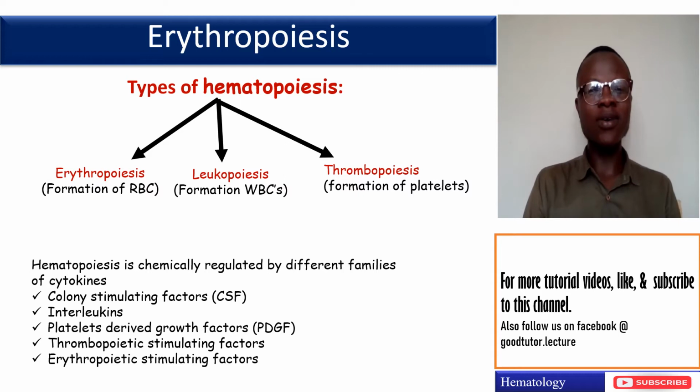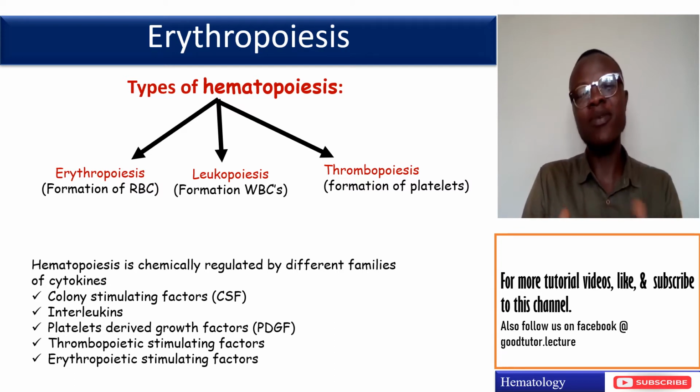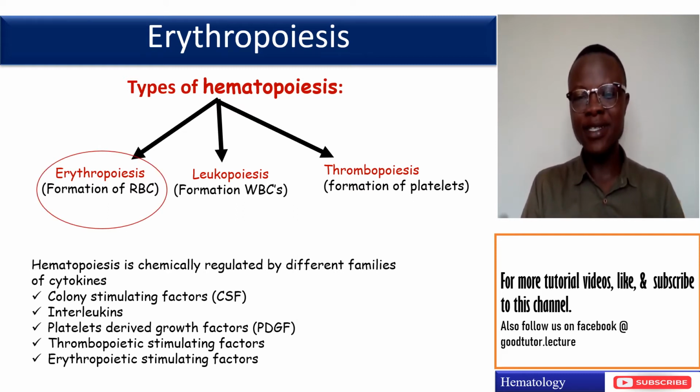So based on the type of hematopoiesis, that is whether erythropoiesis, leukopoiesis, or thrombopoiesis, you might have a particular cytokine to activate the process or the pathway leading to the formation of these form elements. However, for this tutorial, our focus is going to be on erythropoiesis, that's the formation of the red blood cell. So let's go on now and understand what it really entails.